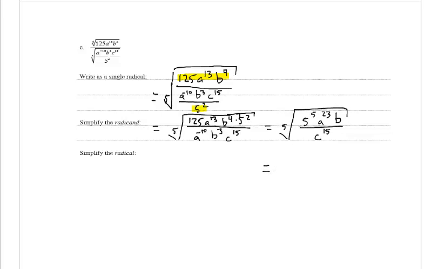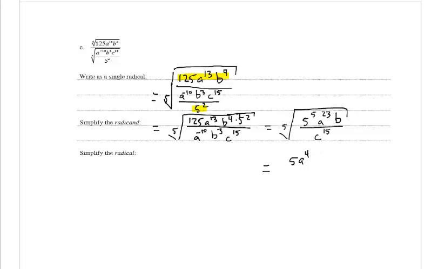So we have the fifth root of 5 to the 5th is equal to 5. The fifth root of a to the 23rd is equal to a to the 4th times the fifth root of a cubed. So we're going to have a cubed inside of our fifth root still.